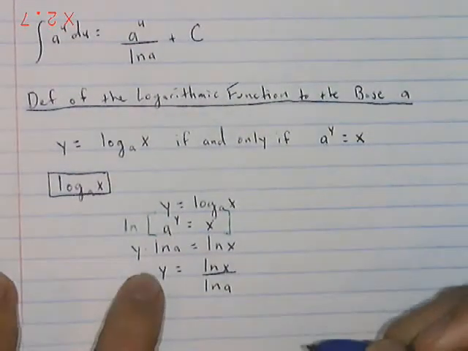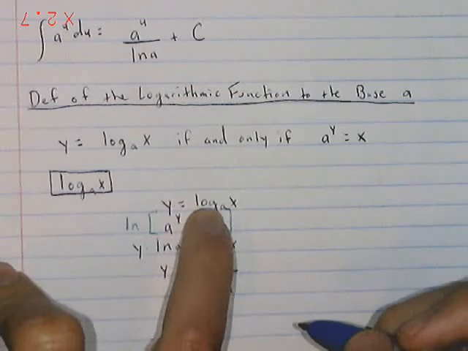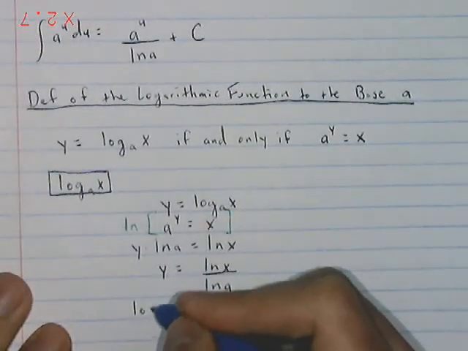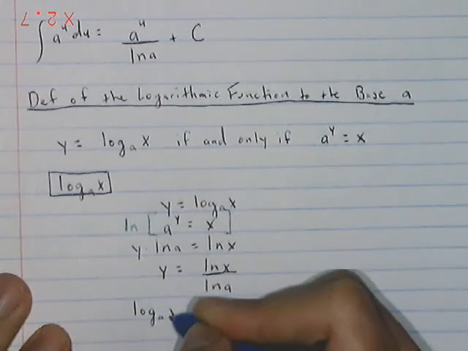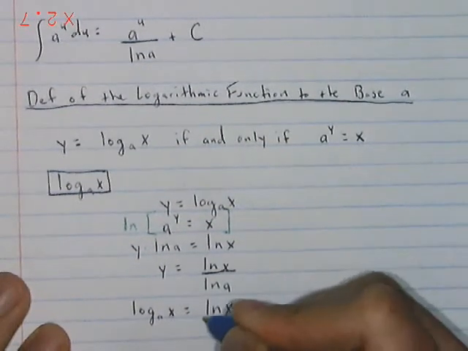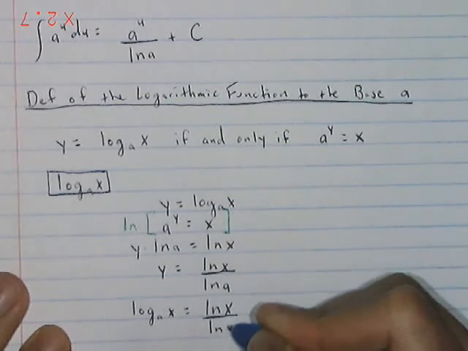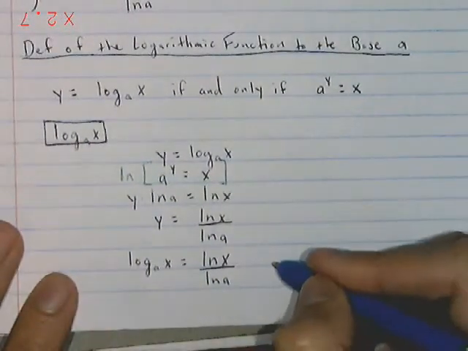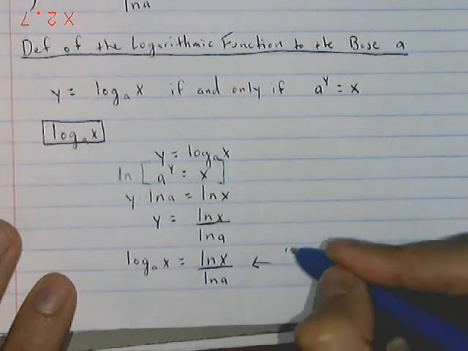And then resubstituting in this definition of y, we have that the log base a of x is exactly the same as the natural log of x over the natural log of a, which you have seen previously as the change of base formula.